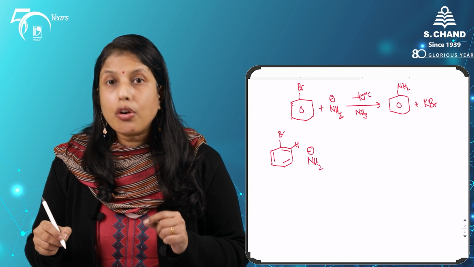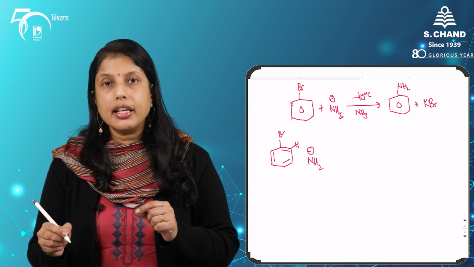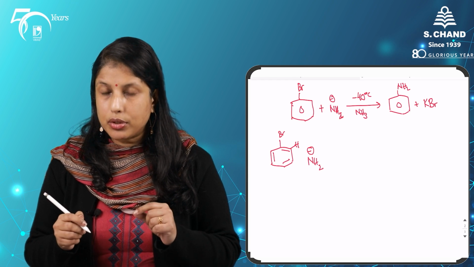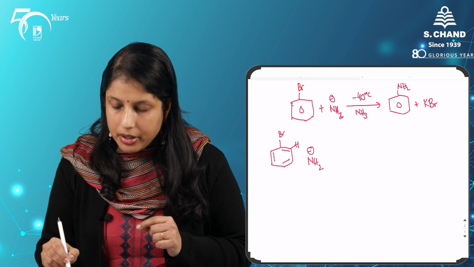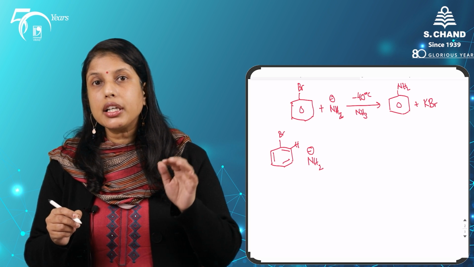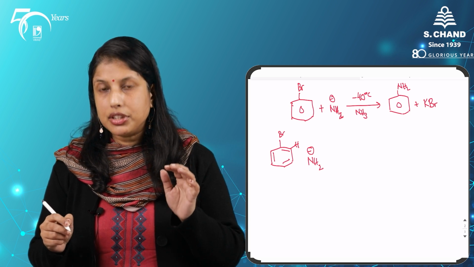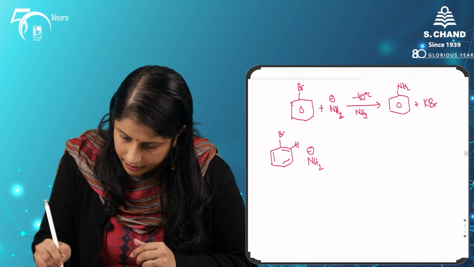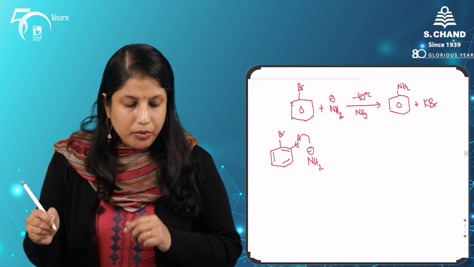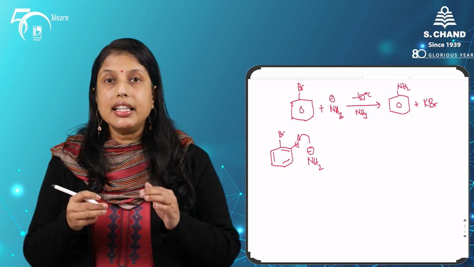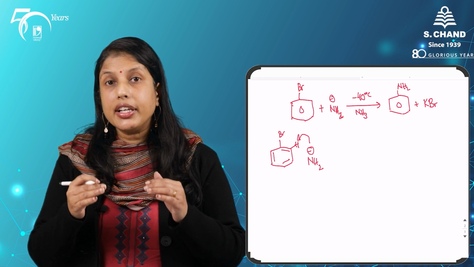our very strong base sodium amide abstracts a proton from the carbon which is alpha to the carbon bearing the halogen atom. And when it does so, it leads to the formation of a carbanion.